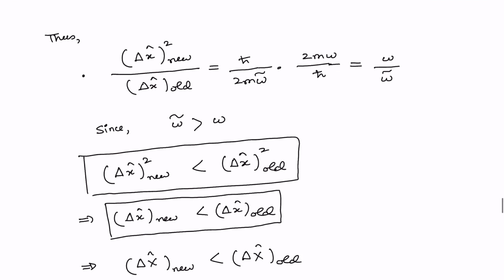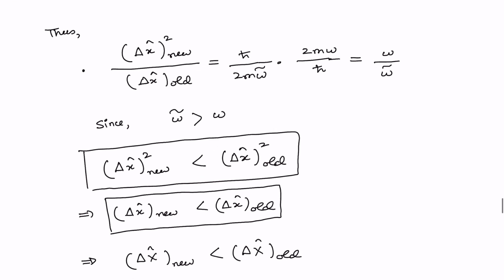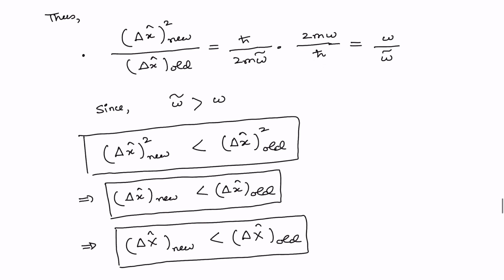As you know, the position operator is associated with the x quadrature, so it also implies that the uncertainty in the x quadrature for the new harmonic oscillator is less than that of the old harmonic oscillator. This means that the x quadrature is now getting squeezed.